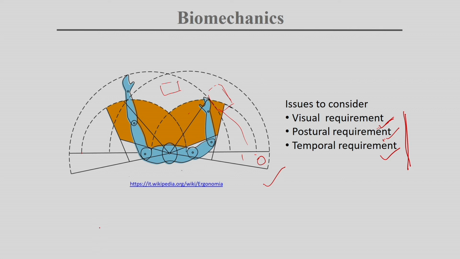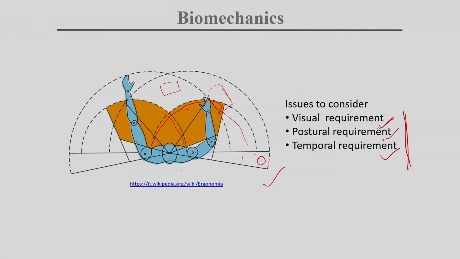Now we can see from this picture, this is the top view, and the person is sitting. Usually from our elbow we can rotate our right hand, and this part we can access very easily. The same for the left hand, with the elbow we can use that portion. This is the easiest way we can use. Usually we do not extend our hand to reach something; whatever we want to keep accessible, we put nearer to us.